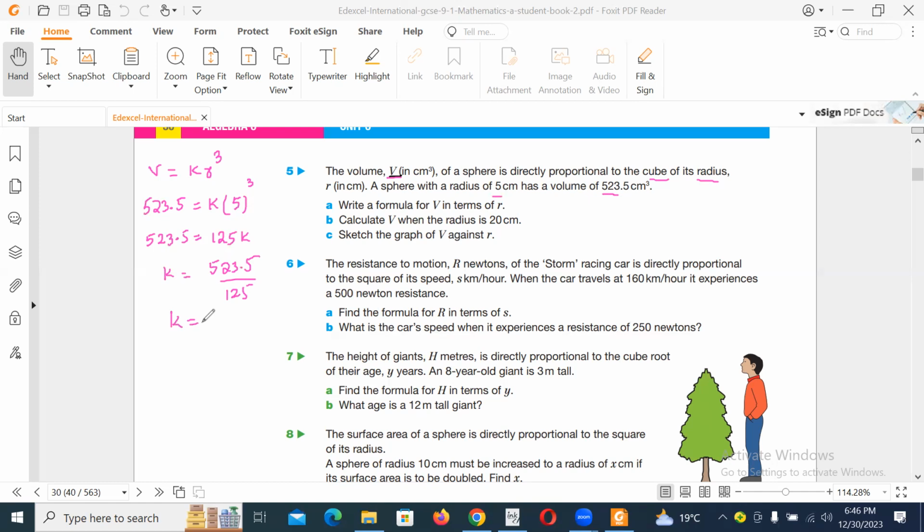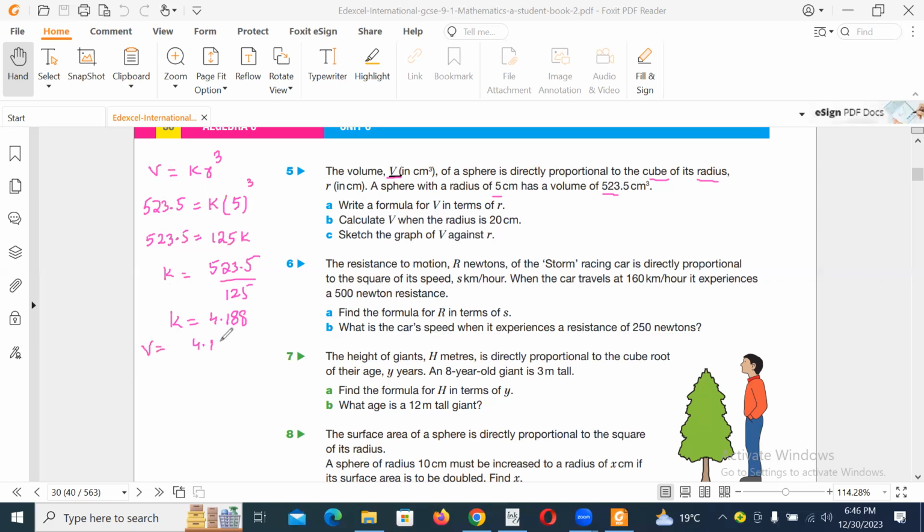If I check in my calculator, 523.5 divided by 125 gives me 4.188.